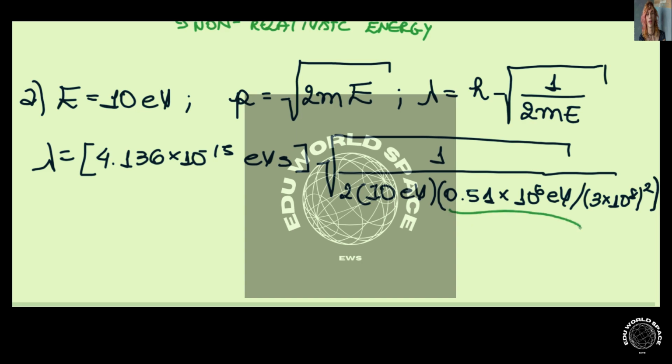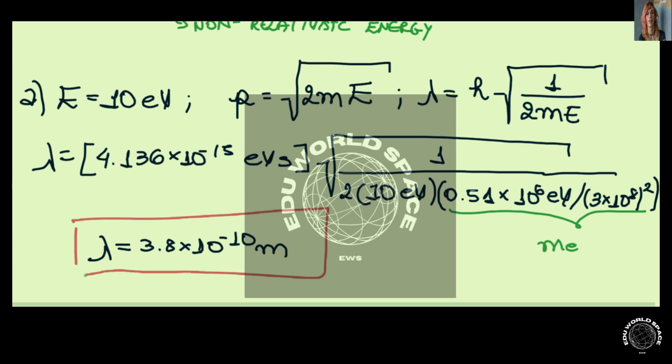Just to be clear, this is the expression for the mass of the electron written in electron volts. Doing this calculation, we find that the wavelength associated with this electron is equal to 3.8 times 10 to the minus 10 meters.